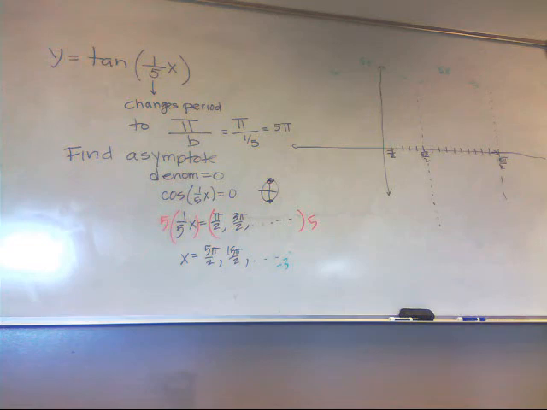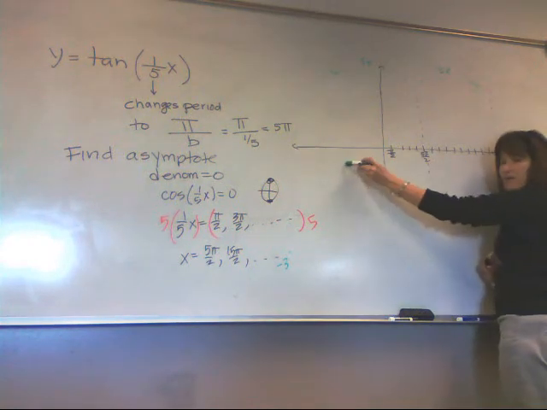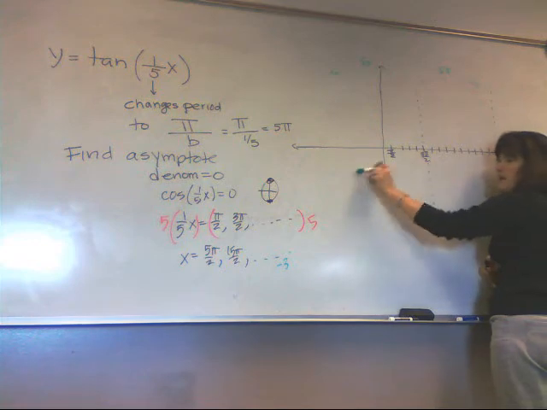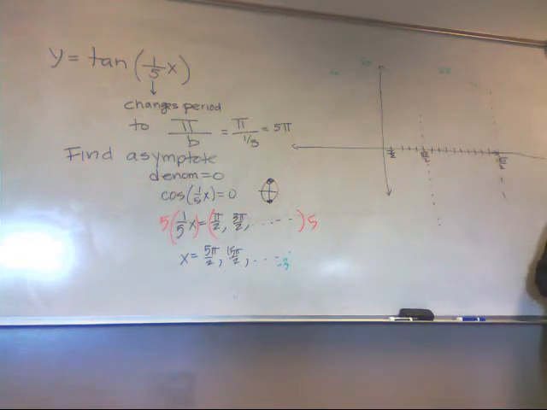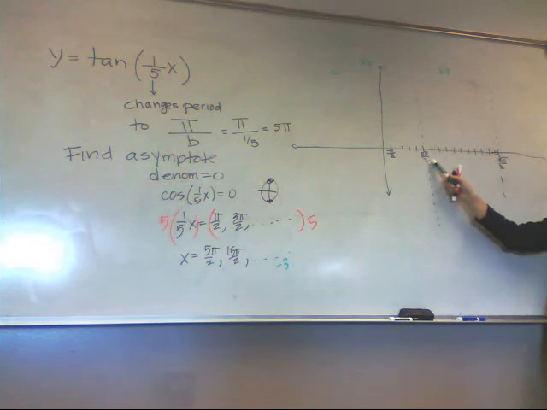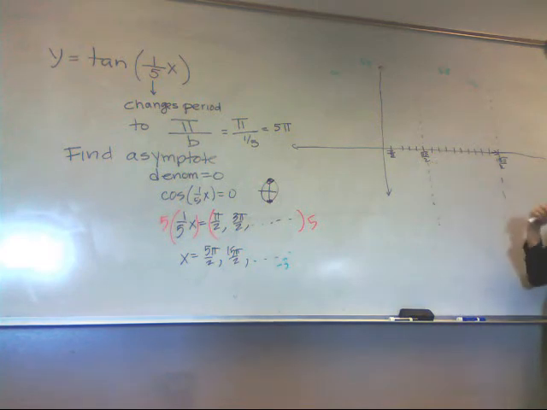How do I find another one in the other direction? Just go 5 pi that way. I can count 5 pi backwards, or subtract 5 pi from there. 5 pi would be how many squares if I wanted to just count?